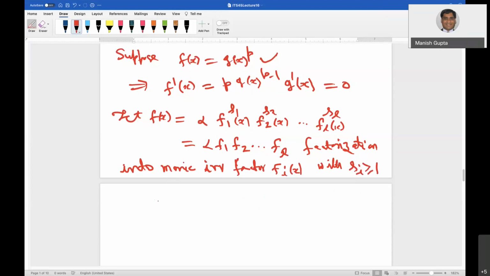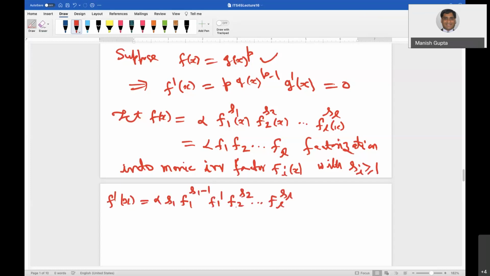Now we take the derivative. The derivative f dash of x will be alpha times s1 f1 raised to power s1 minus 1 times f1 prime, f2 raised to power s2, fl raised to power sl, right?